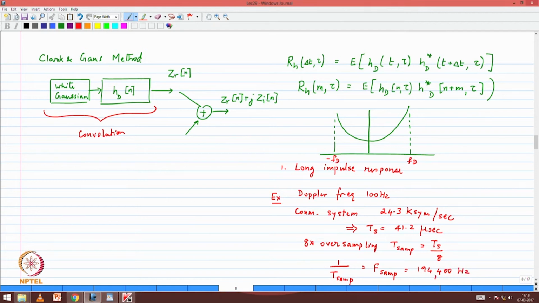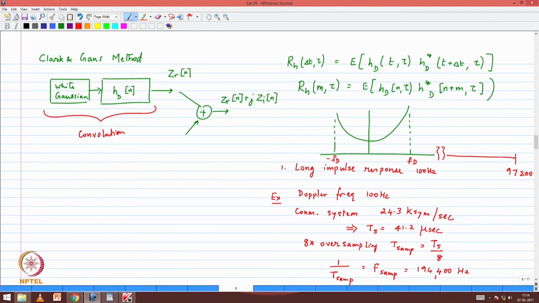So 194 kilohertz. Okay. So that means if I were to show it on a digital scale, pi would be 1/2 of the sampling frequency, is quite far away. This is 100 hertz. The 1/2 of the sampling frequency is 97,200. Did I get that right? Yeah. So basically this is a very, very narrow filter, okay?